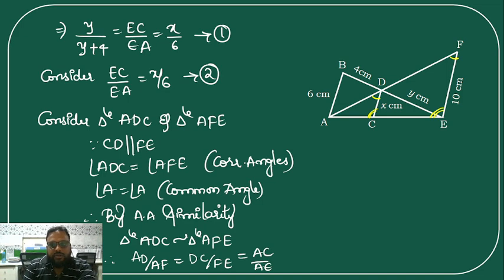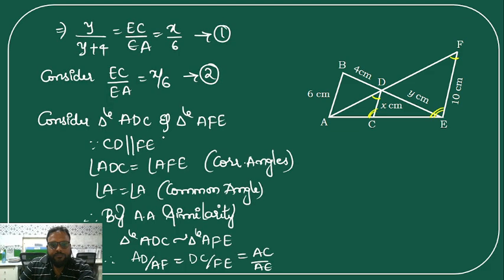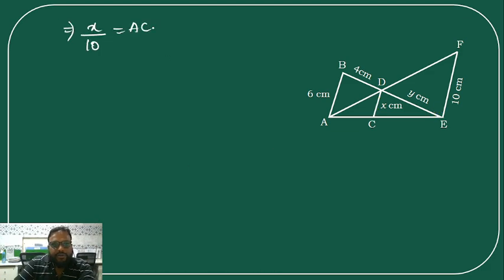AD and AF we don't know, leave it off. We have DC as X and FE as 10. So DC is X by FE is 10, is equal to AC by AE. This also we don't know, keep it as it is.